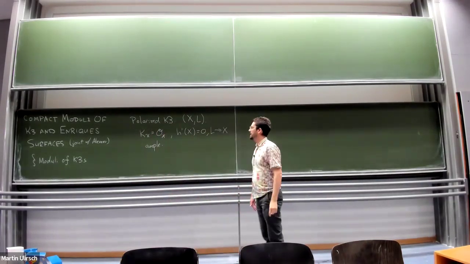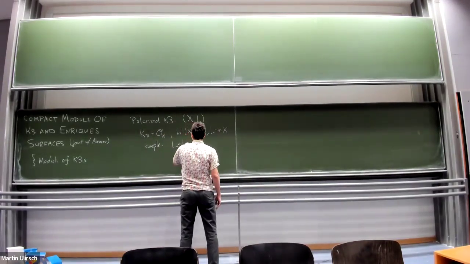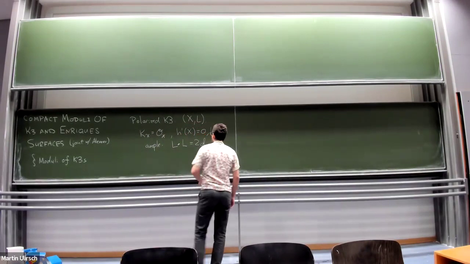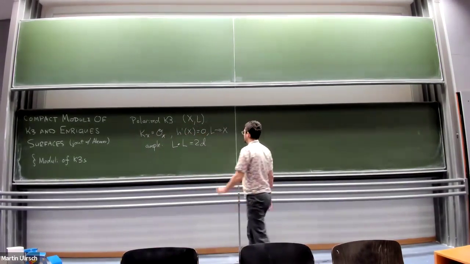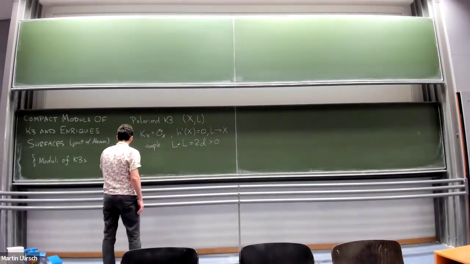And there is a numerical invariant associated with this, which is the degree of the line bundle, which is some positive even integer 2D.